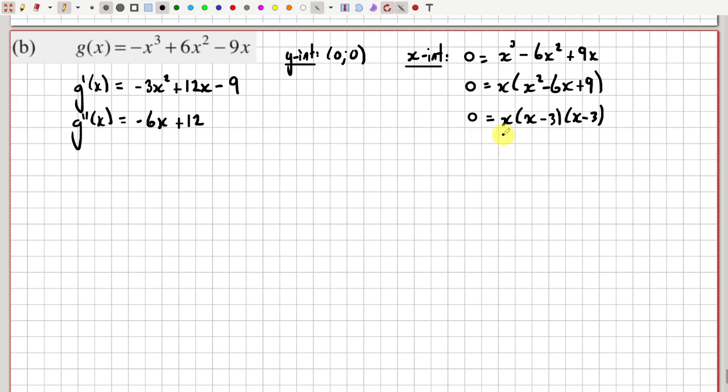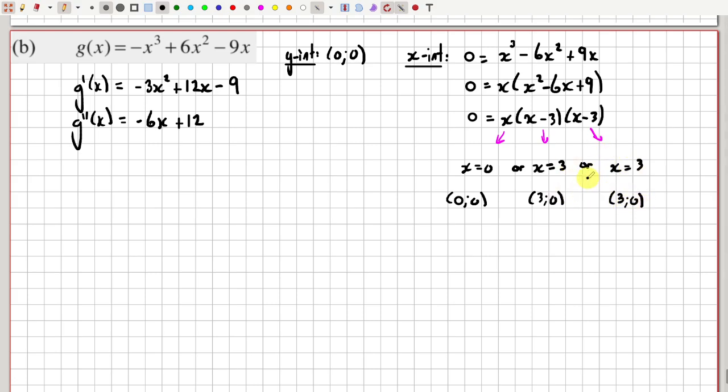So we get that the x-intercepts would be x equal to 0, or x equal to positive 3, or x equal to positive 3. So these coordinates would be (0, 0) and (3, 0).